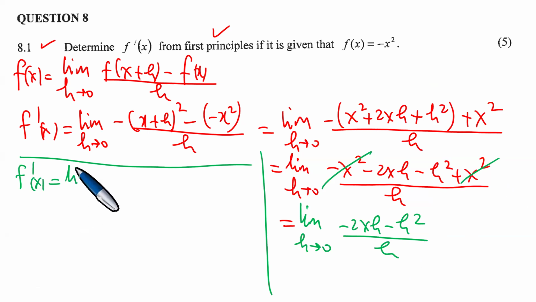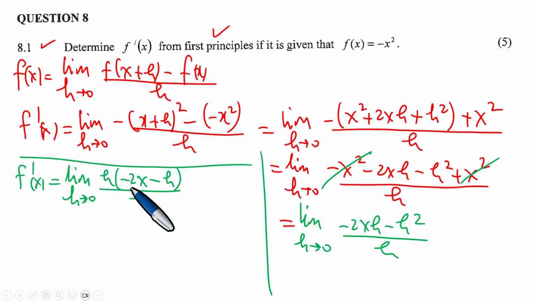And then we have h, open bracket, minus 2x minus h, divided by h.